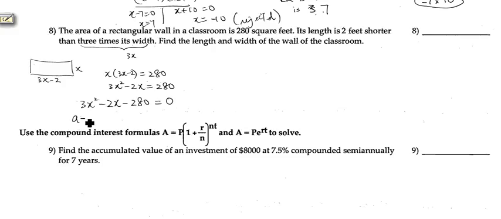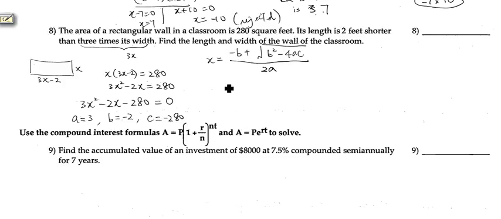What is A? 3. What is B? What is C? Negative 280. So x is equal to negative b plus or minus radical b squared minus 4ac, and then the whole thing divided by 2a.